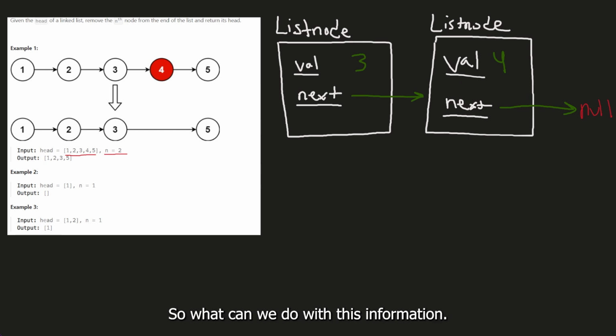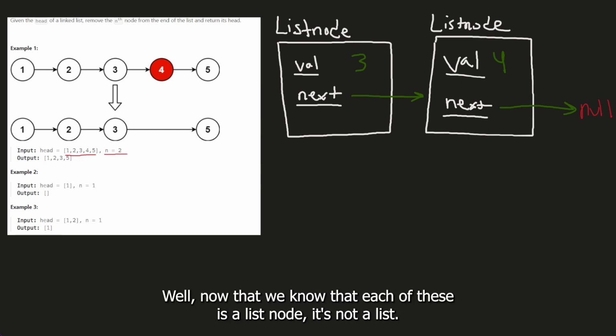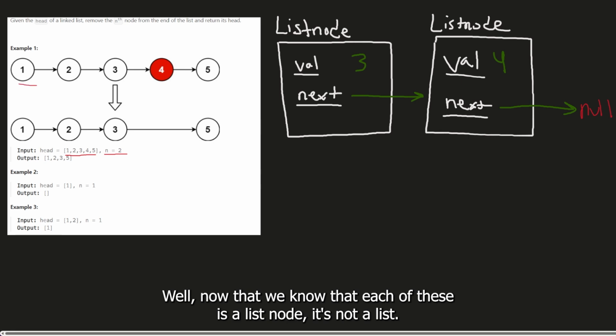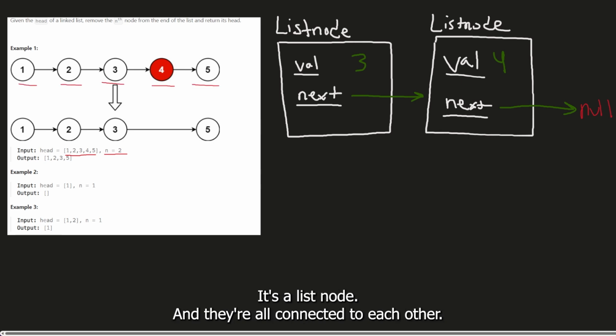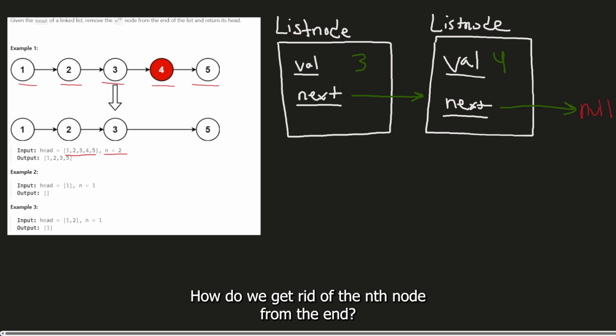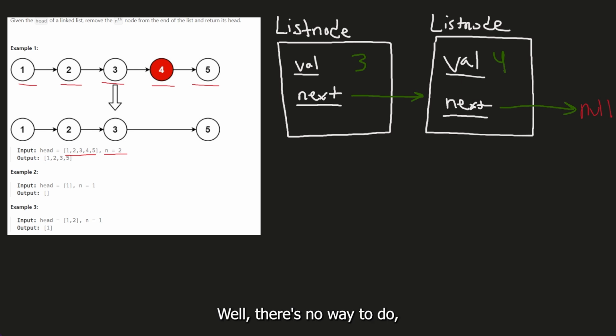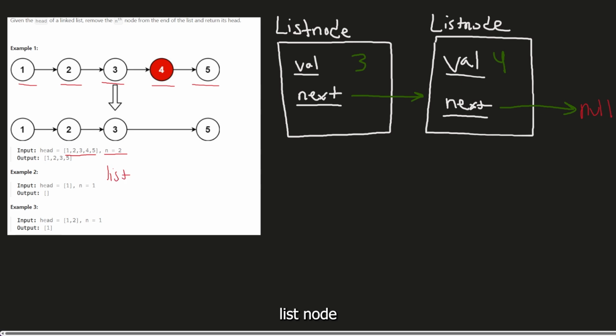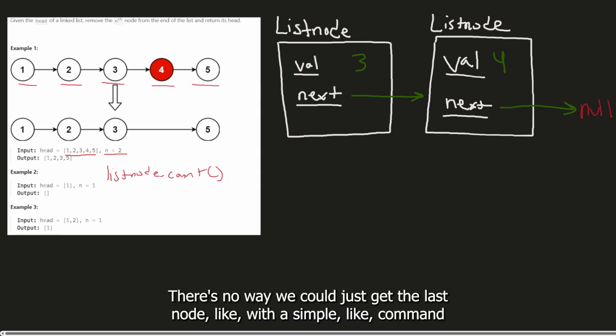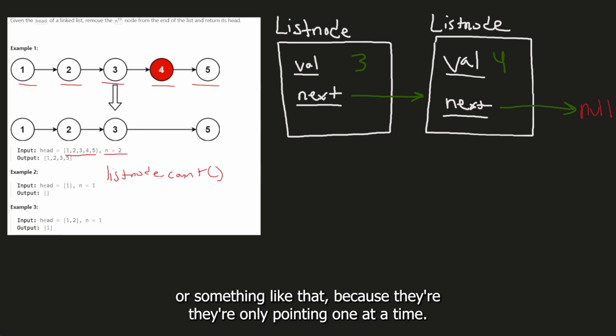So what can we do with this information? Well, now that we know that each of these is a list node, it's not a list, it's a list node, and they're all connected to each other, how do we get rid of the nth node? Well, there's no way to do list node dot count. There's no way we could just get the last node, like with a simple command or something like that, because they're only pointing one at a time.